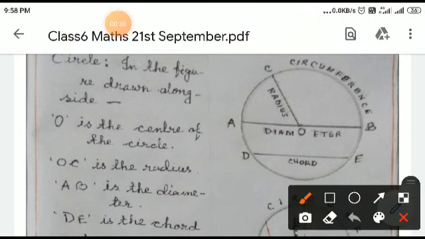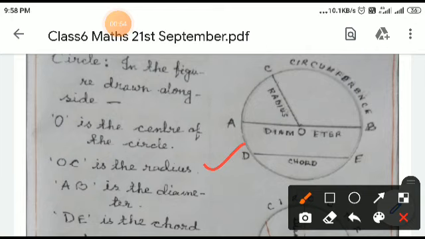See the diagram of the circle. Here different parts are shown. We can say a circle is a simple closed curve all of whose points are at the same distance from a given point in the same plane.